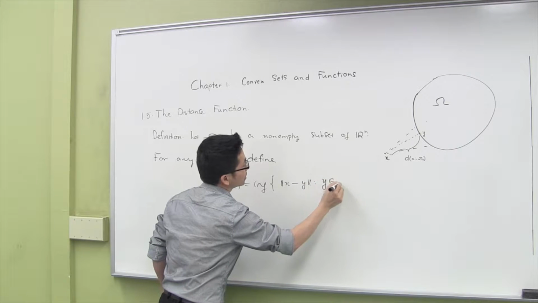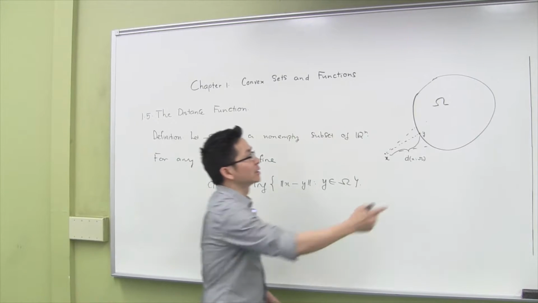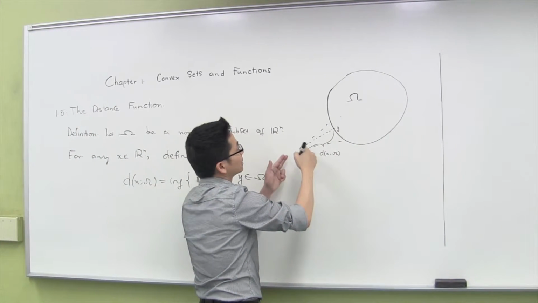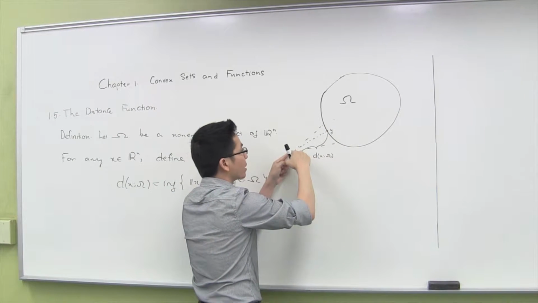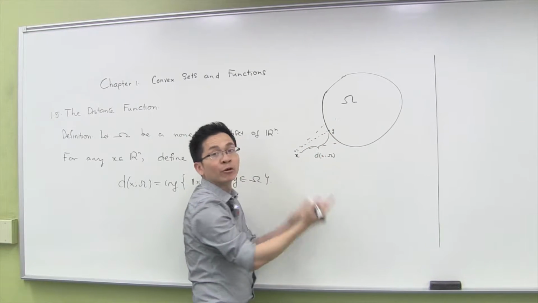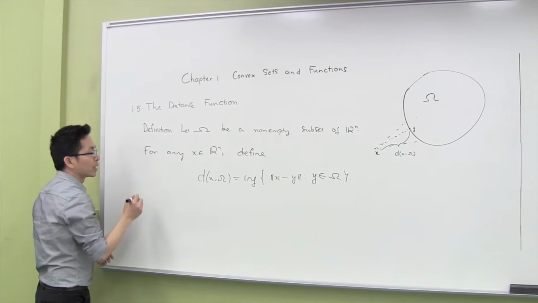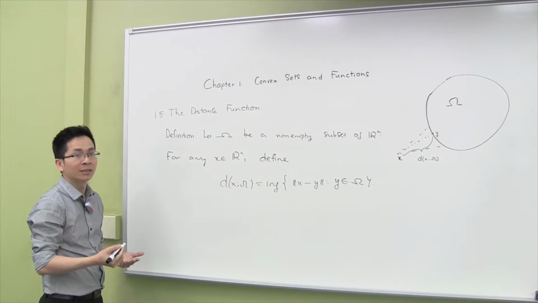y runs in omega. Okay, so in this figure, this is the set omega, and roughly speaking, the distance from x to omega is the shortest distance between x and points of omega. Okay, so in this way, we have defined a function from Rn to the real line.